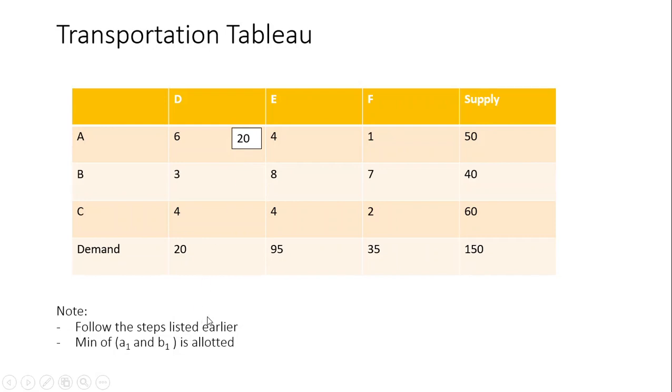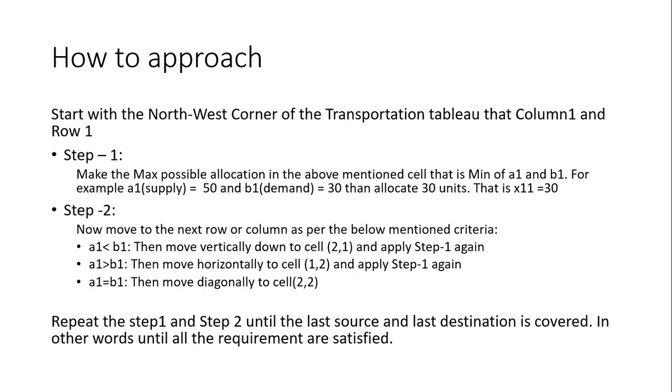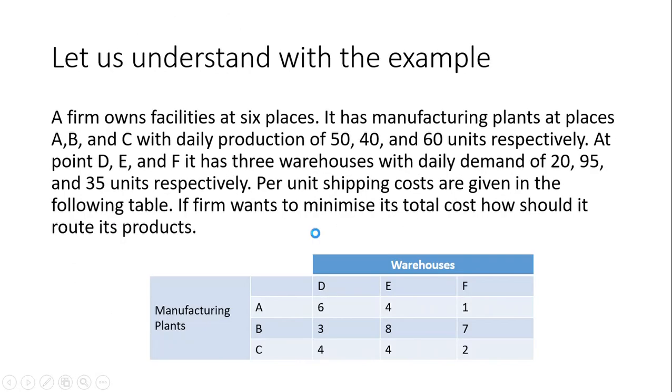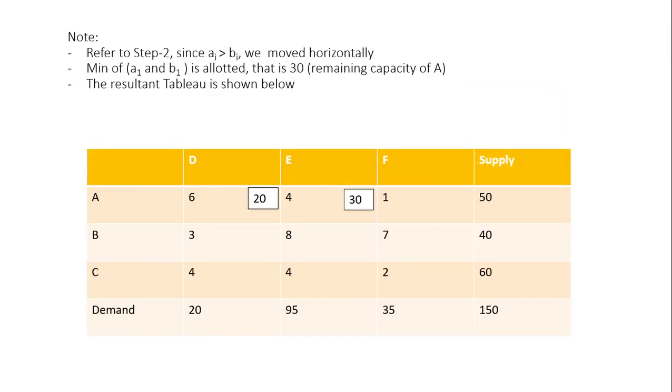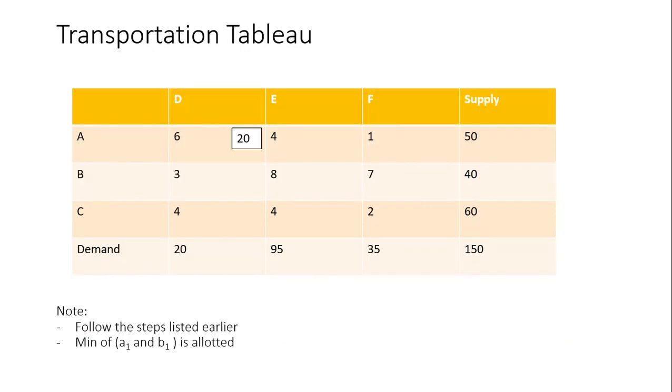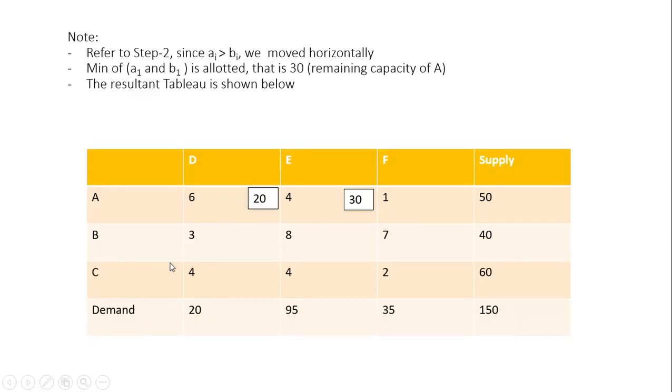As stated earlier, the first step was the minimum of A1 and B1 is allotted. A is 50, but here it is 20, so the minimum is 20 and 20 has been allotted. Now we go to the second step, and since A1 is greater than B1, we have to move horizontally.